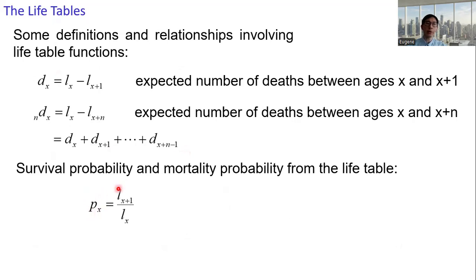This equals l(x+1) over lx. l(x+1) is the expected number of survivors reaching age x plus 1, and lx is the expected number of survivors at age x. So out of lx survivors, only l(x+1) people survive to reach age x plus 1. So this is px.